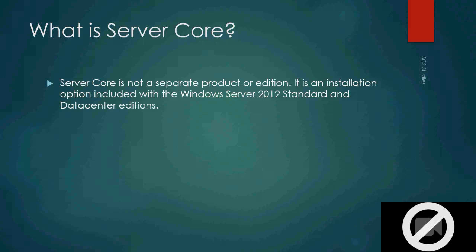Later on we'll understand what things are changed in server core, and we'll have a session where we can install a server core edition and manage it. Before going to that, we have to understand why we are going to use server core. Let's see in the next slide.